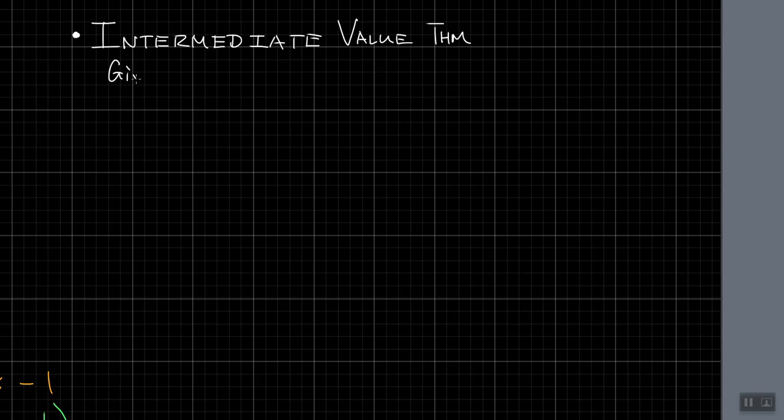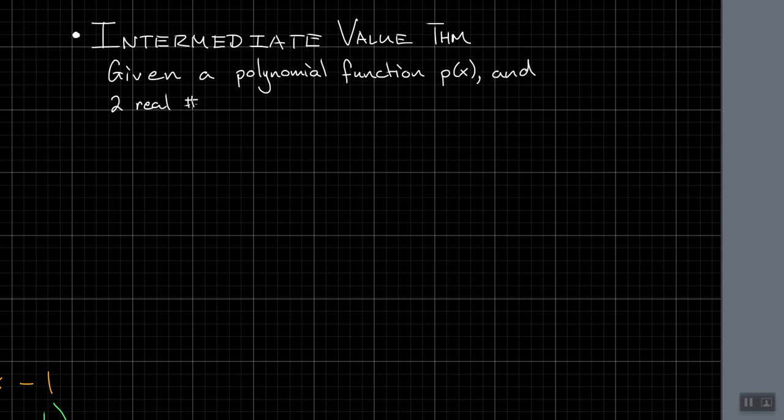Given a polynomial function, p of x, and two real numbers, a and b, we have the following.